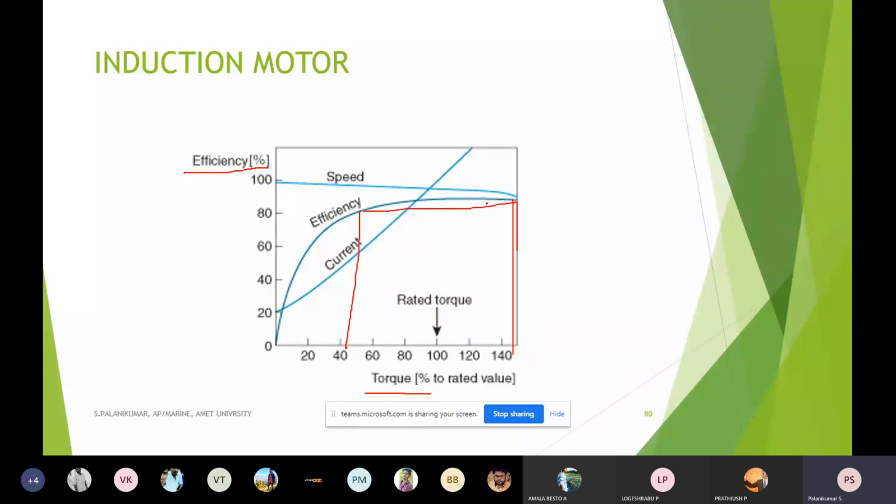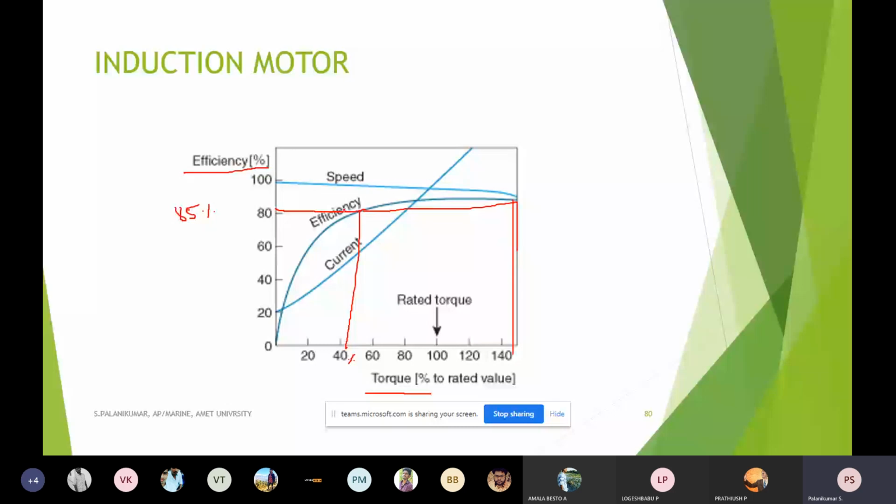So with only a small variation in torque, we can always get very high efficiency. For example, if it is 85 percent, I can get 85 percent efficiency of a particular motor from 40 percent to even 120 or 140 percent of the full load torque.